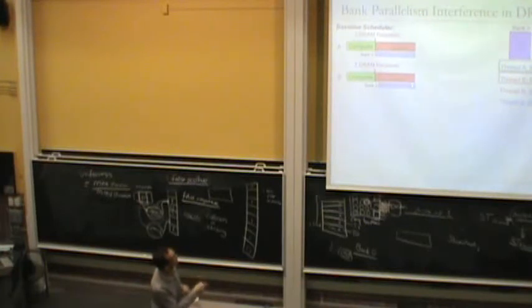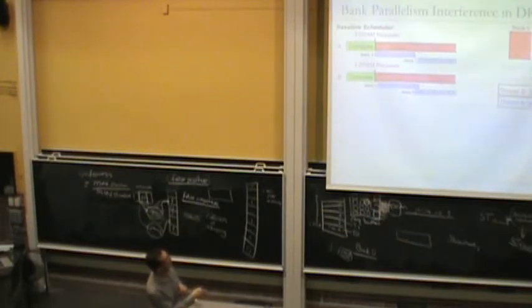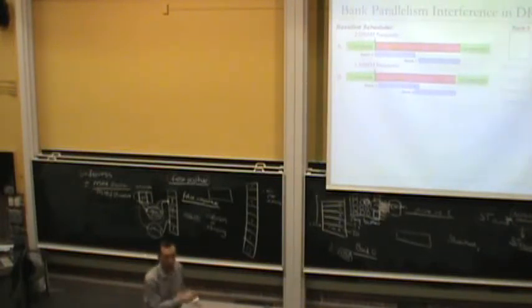Both threads stall while their requests are pending. And then bank 0 finishes servicing this request. The controller takes thread B's request to bank 0 and starts servicing it. And then this other request finishes, and the controller takes thread A's request to bank 1 and starts servicing it. And all of the requests complete after some point. And then the cores now can continue computation.